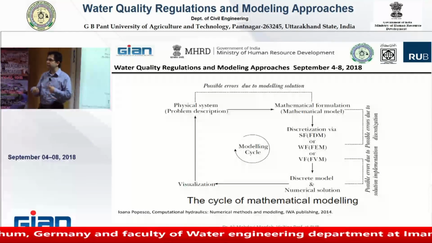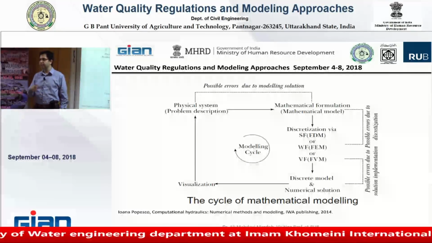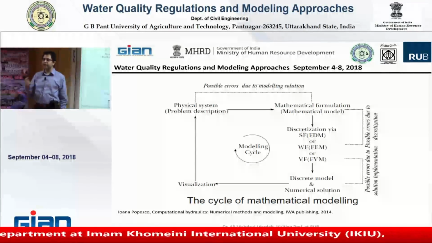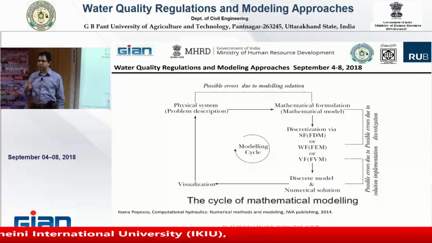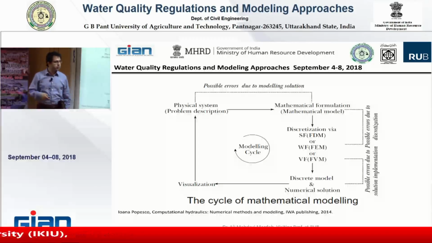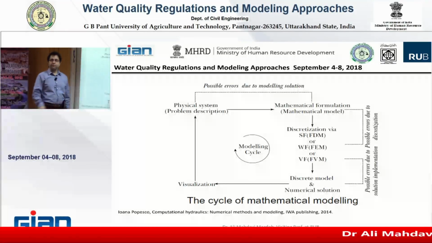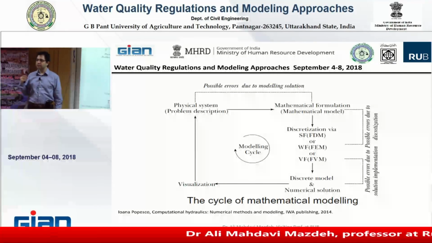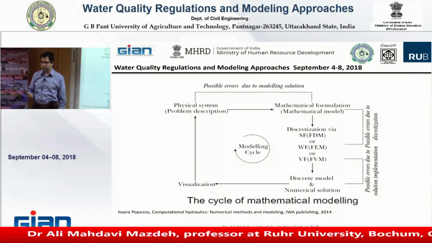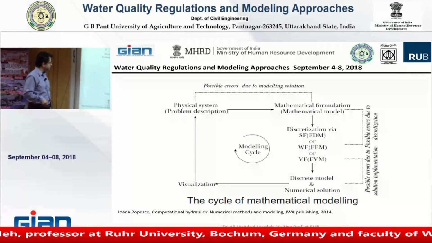Then you need to solve it again numerically with trial and error. So again you will have some errors from the numerical method. The solution of the numerical method again introduces some error to the system.